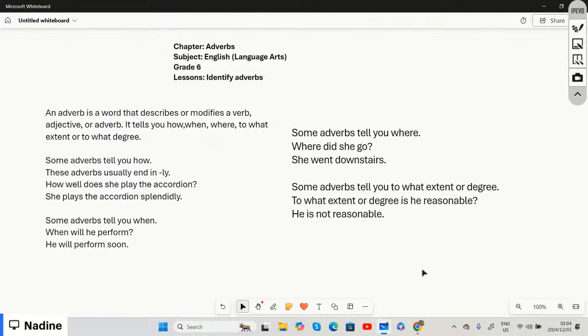And the lessons that we are going to be focusing on under the chapter of adverbs is to identify adverbs. So we are going to identify adverbs.